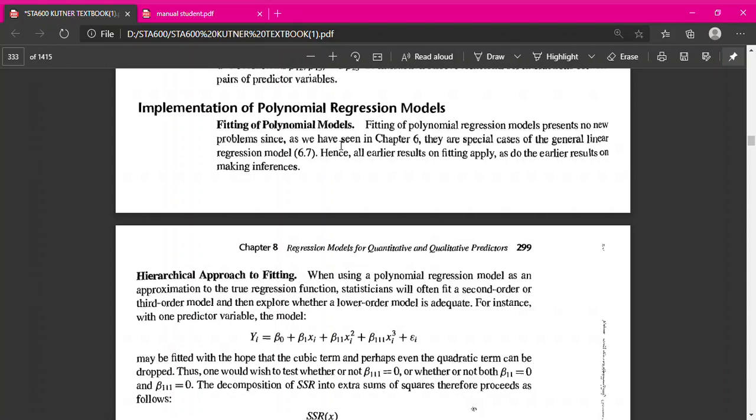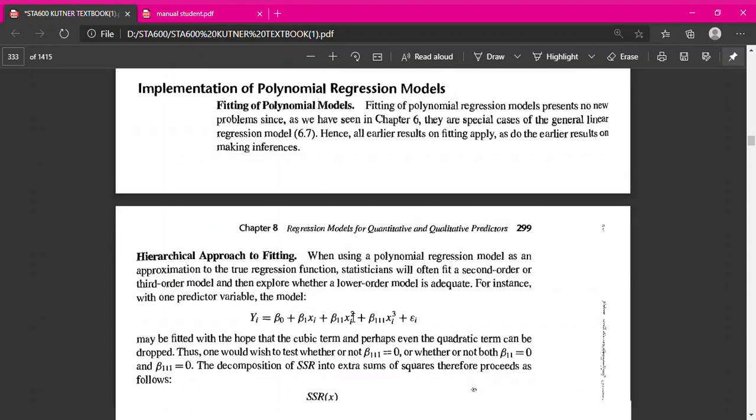But untuk polynomial, it's easy for us sebab kita dah ada software SAS dan juga SPSS, so kita run gunakan software sahaja. Sebab nak gunakan matrix is very complicated. And then hierarchical approach to fitting.